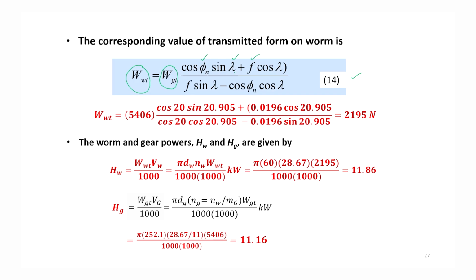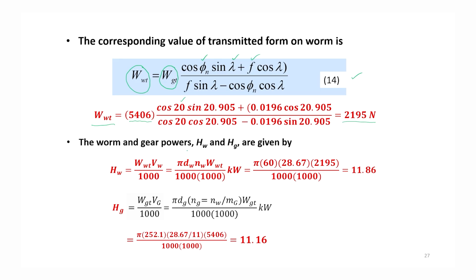So, by substituting all the values, that means Wgt is equal to 5406 and phi n is equal to 20 degree, lambda is equal to 20.905, f is equal to 0.0196 and lambda is equal to again 20.905, we got the transmitted load on the worm 2195 Newton. So, you see on the worm the transmitted load is this one, and on the gear it is 5406.